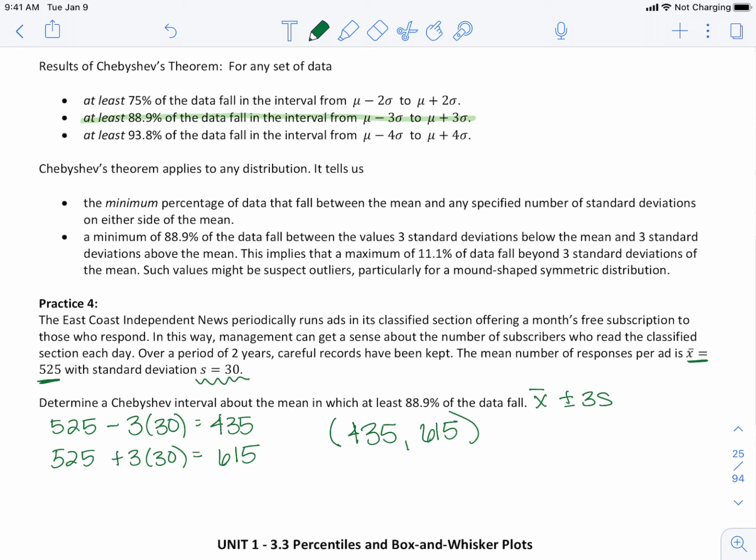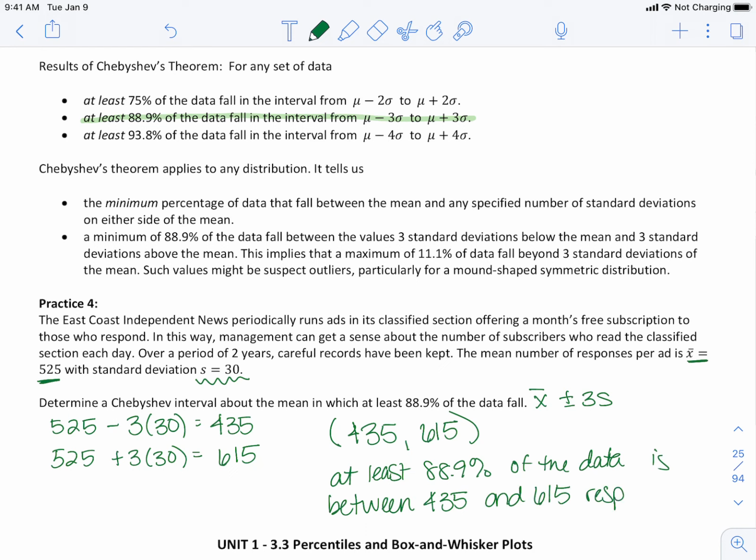You always write it as lower bound, comma, upper bound. And so we can say at least 88.9% of the data is between 435 and 615 responses. And that's the end for today.